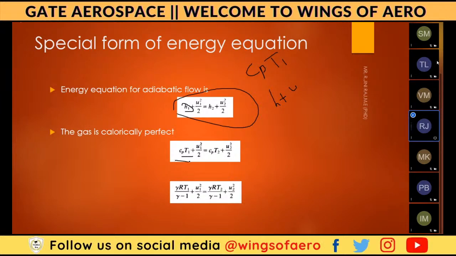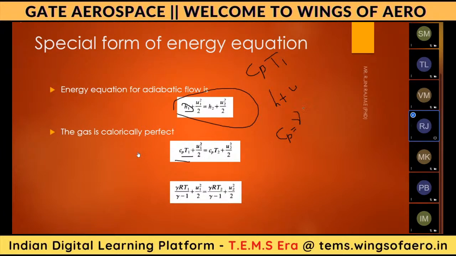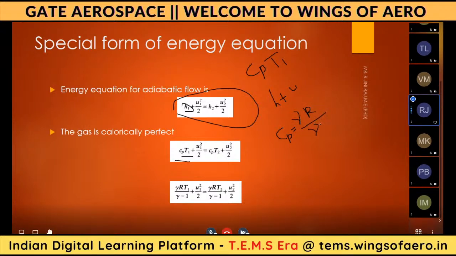We know the formula for Cp equals gamma R divided by gamma minus 1.